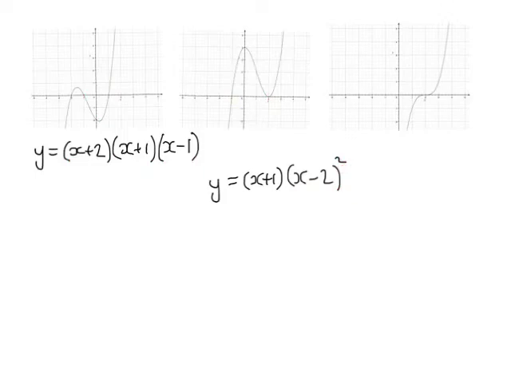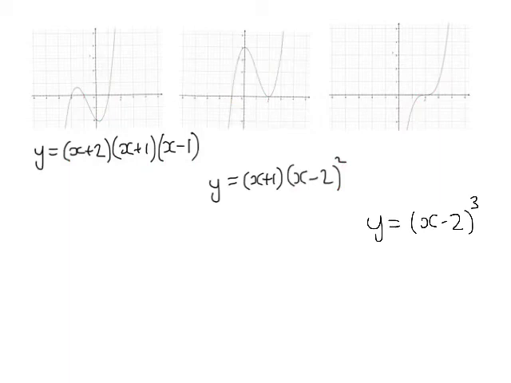Our final cubic equation is this one here, and this looks very similar to the graph of y equals x cubed that we just sketched a little bit earlier. And actually, it's y equals x cubed translated to the right. And it turns out that this is actually the graph of y equals (x - 2) cubed.